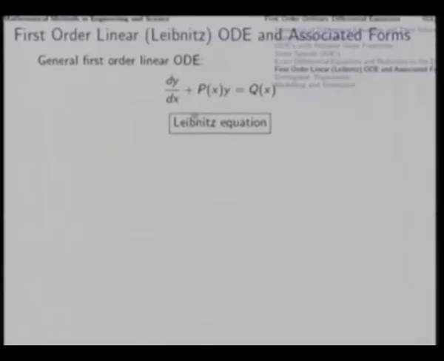The general first order ordinary differential equation will look like this. Even if there is some function of x appearing here, we can always divide the entire equation with that to put it in this form, and since it is linear, no term of y can appear here. So, in the first order linear ODE, only 3 distinct terms we can get.